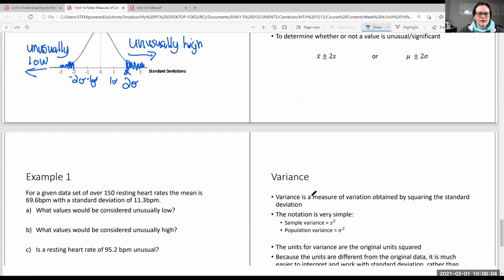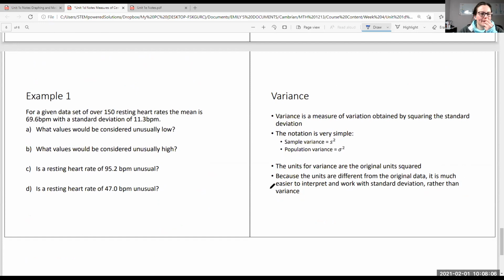Okay, so here's a couple examples. Example 1. I'd like you to work on this and enter it into the chat when you have the answer. So I'm going to take a break for a little bit. Example 1: for a given data set of over 150 resting heart rates, the mean is 69.6 beats per minute.